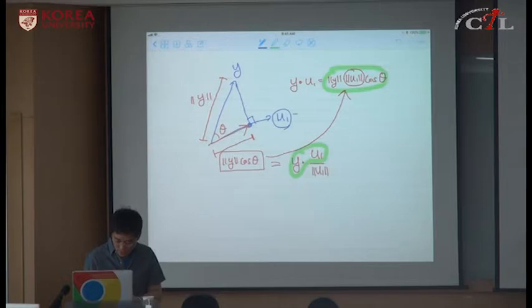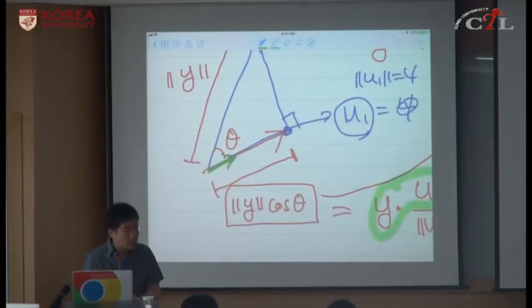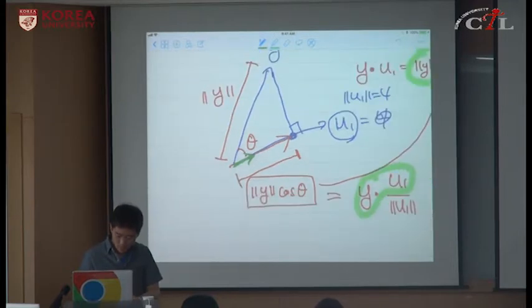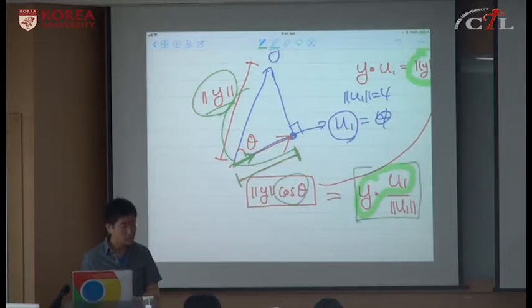If the length is 4, for example, dividing by it gives a unit vector that preserves the direction, and the length is now just 1. Then the length is this unit vector's inner product with y, which gives the length times cosine theta.